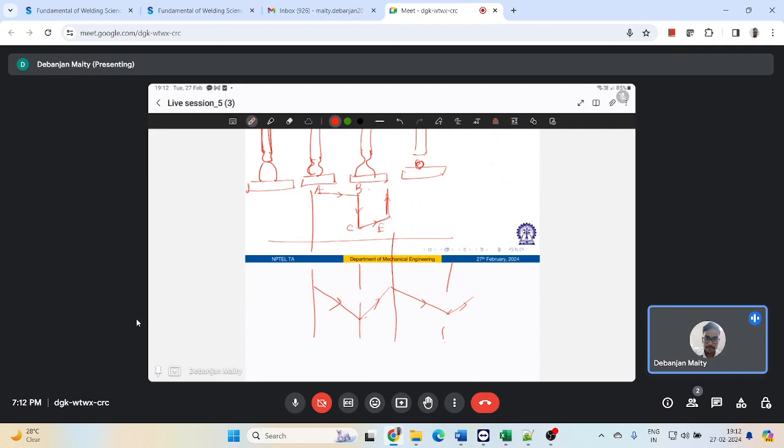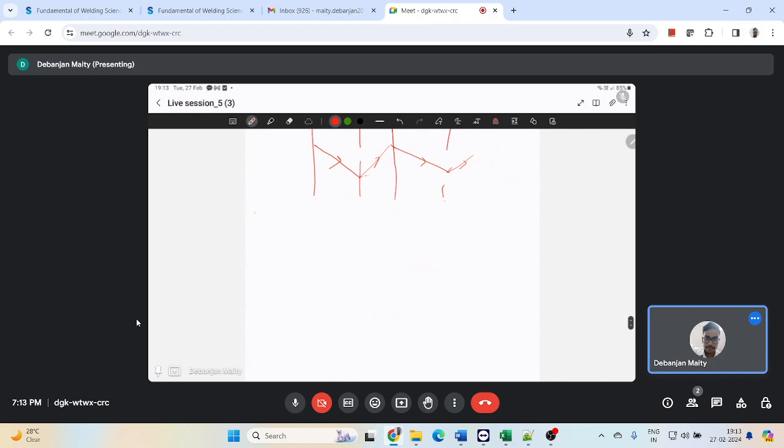Then we have this slag protected transfer. Mostly this kind of metal transfer happens if there is slag formation or flux protection in your shielded metal arc or submerged arc welding. So that is there. And then you have some other kinds of metal transfer as well, like you can have repelled type of metal transfer.